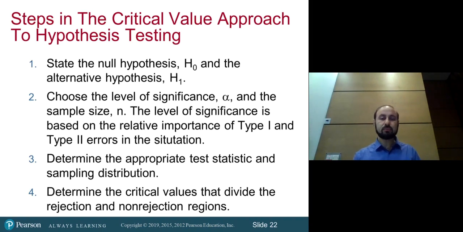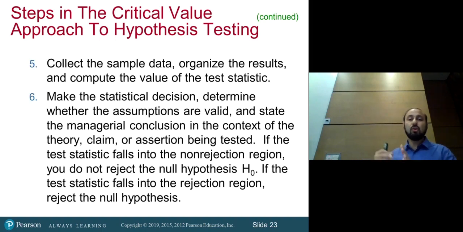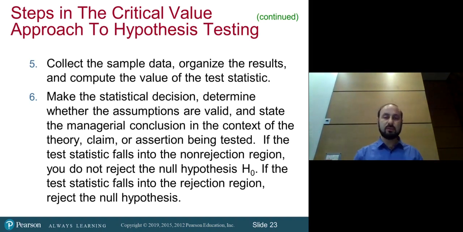Number 3, once you know your hypothesis and your level of significance, you can determine the appropriate test statistic and sampling distribution. Number 4, determine the critical values that divide the rejection and non-rejection regions. Number 5, collect data, organize the results, and compute the value of the test statistic. Number 6, make the decision.